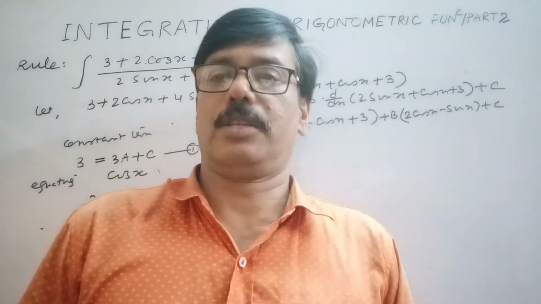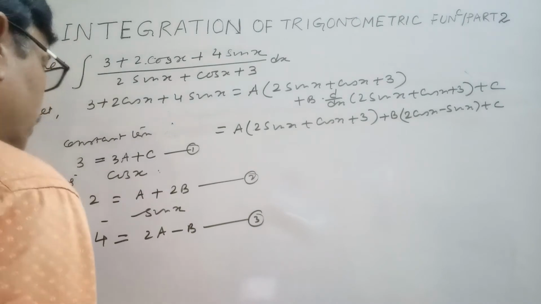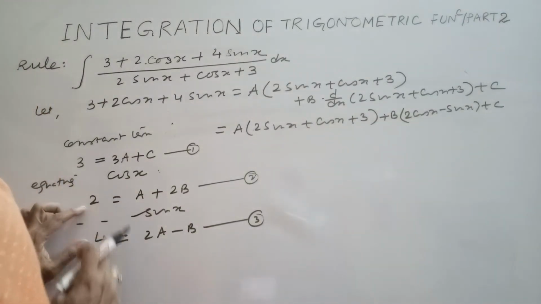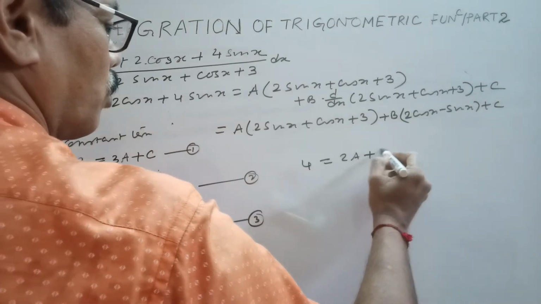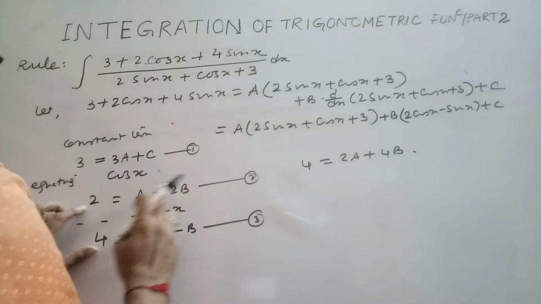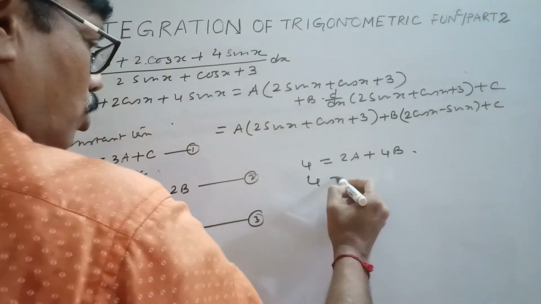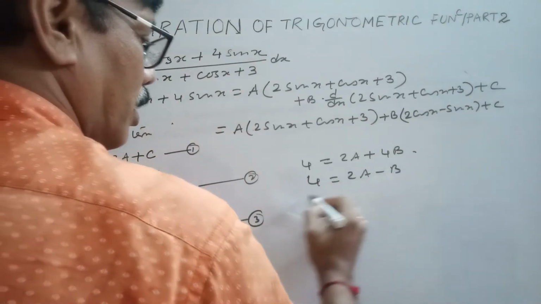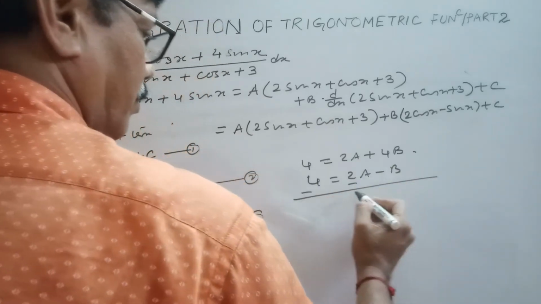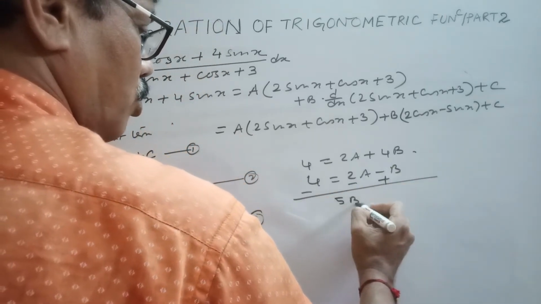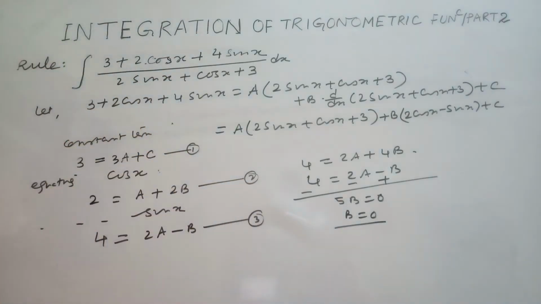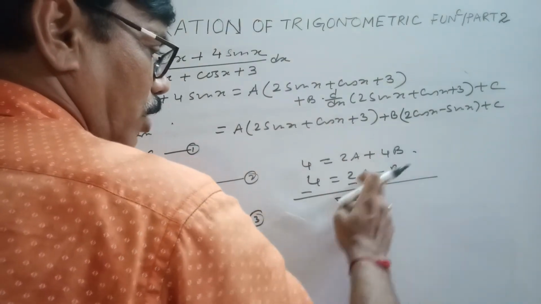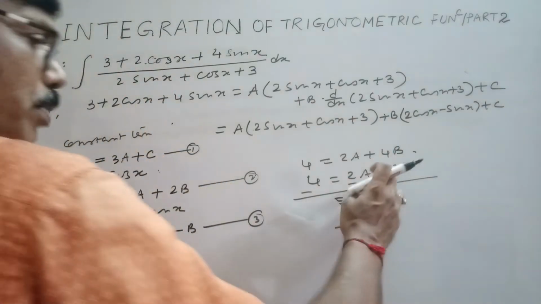So, solving the 3 equations, we have to find A, B, C. If we multiply equation 2 by 2, we get 4 equals 2A plus 4B. And 4 equals 2A minus B. So, subtracting, 2A cancels out, 5B equals 0, so B equals 0.